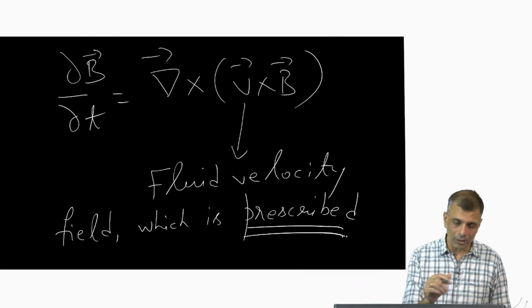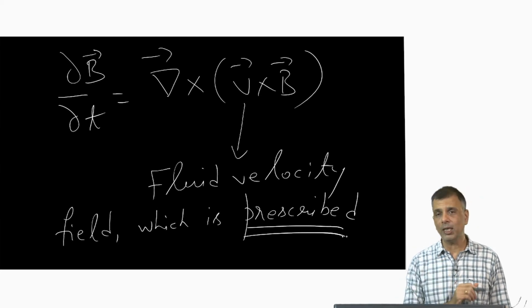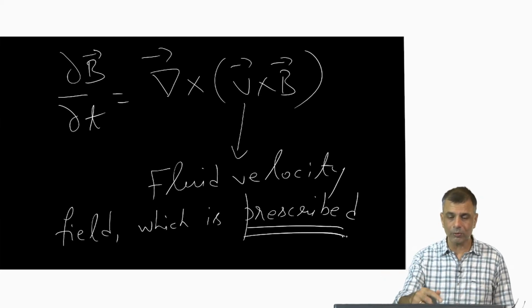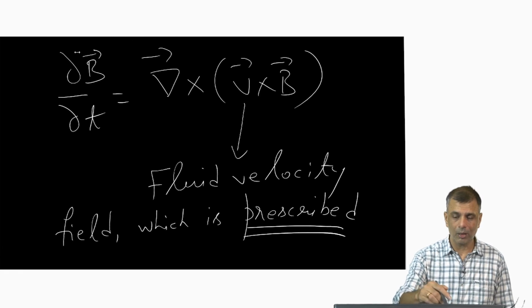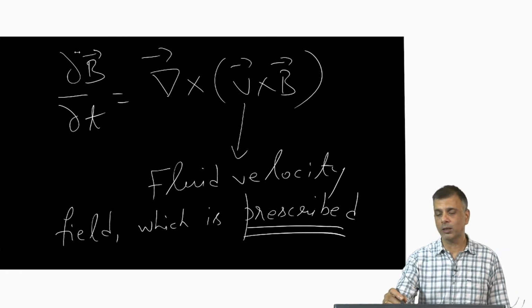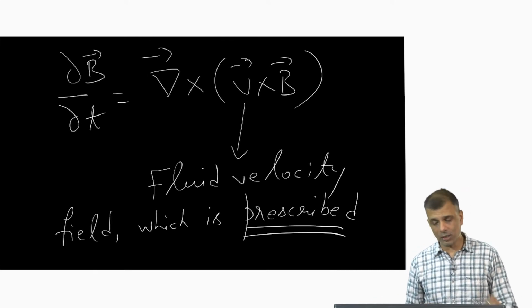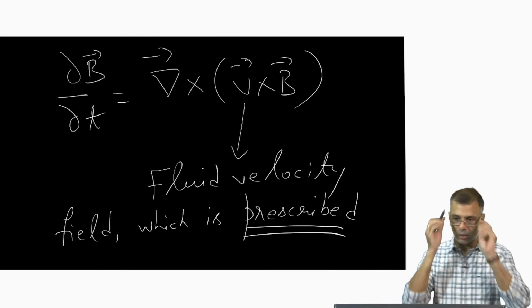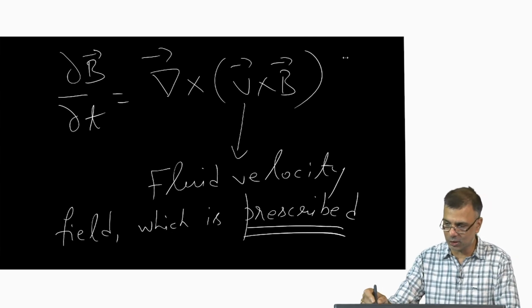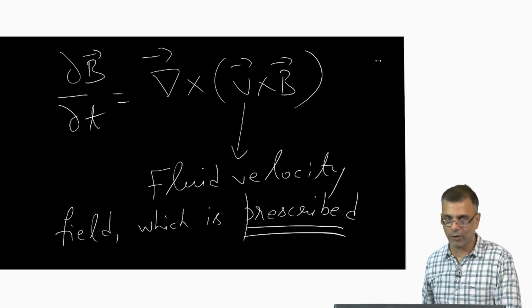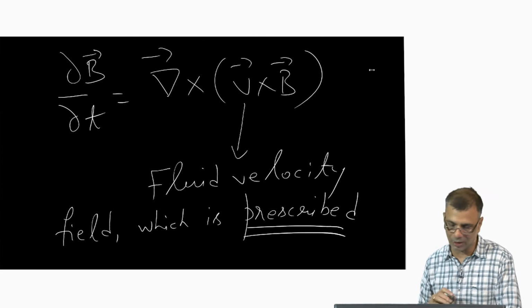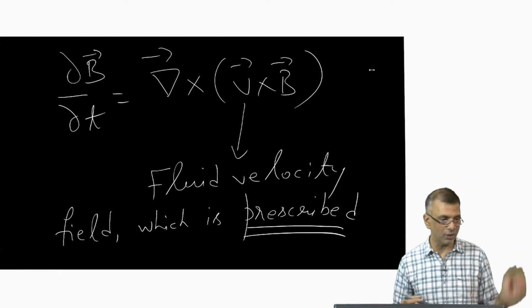Now the induction equation is going to tell me how the magnetic field evolves with time in response to this velocity field. Now this is ideal MHD, so there are no resistive terms. There is no grad squared B kind of resistive term here, because the conductivity is infinite.